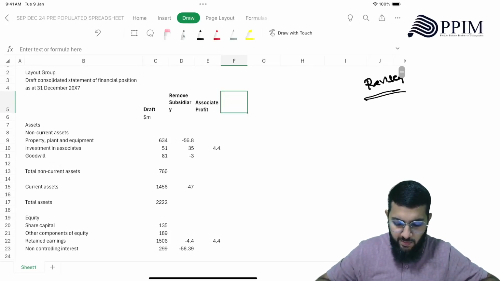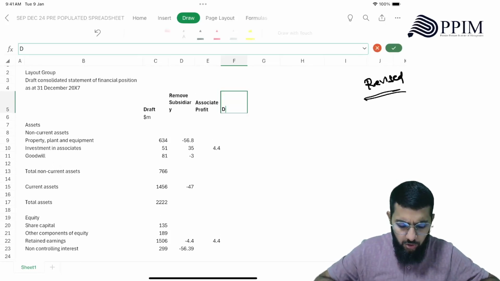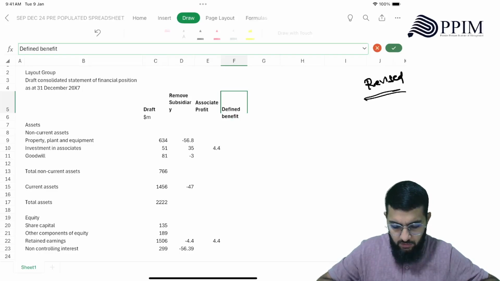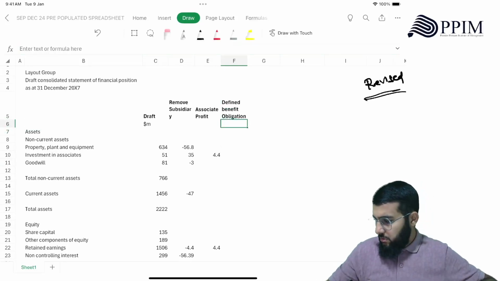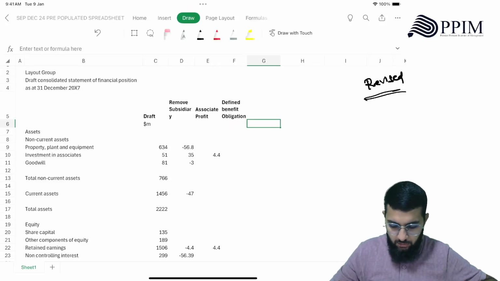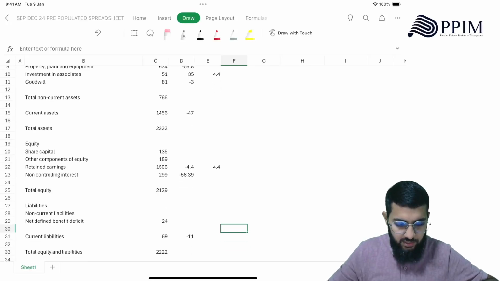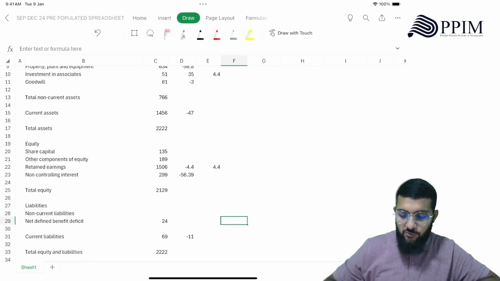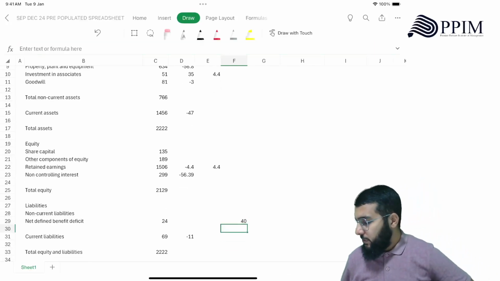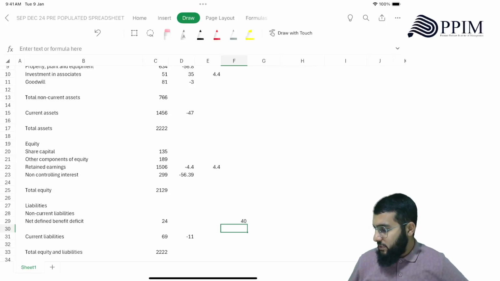So pension or defined benefit obligation, the net defined benefit deficit is going to be 40 million. That we know.